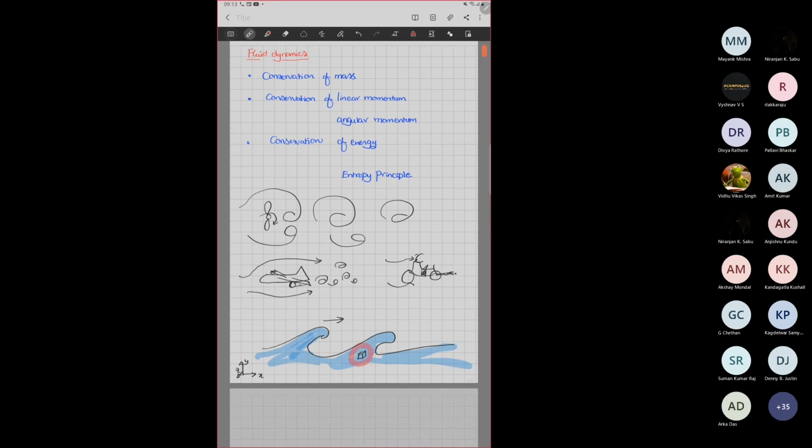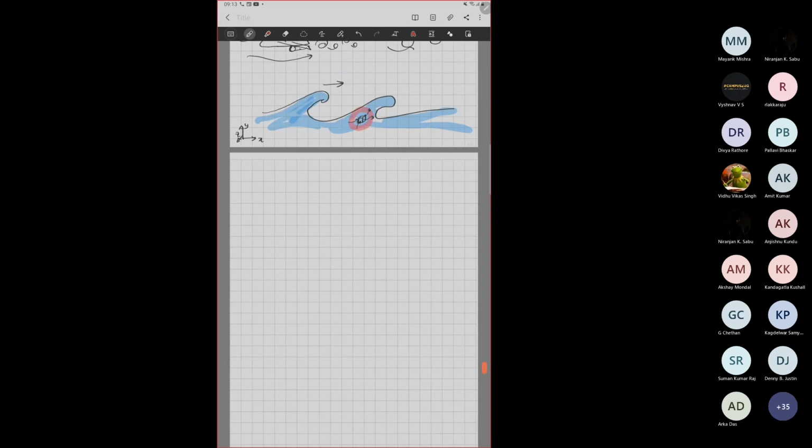However, fluid might really come into the picture. It might go out of the system. If I zoom in, maybe the object looks like this. In that, this is an arbitrary volume.